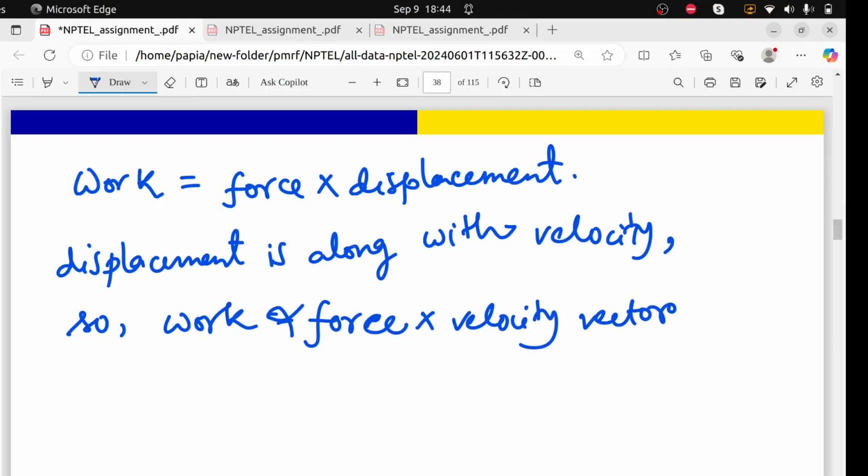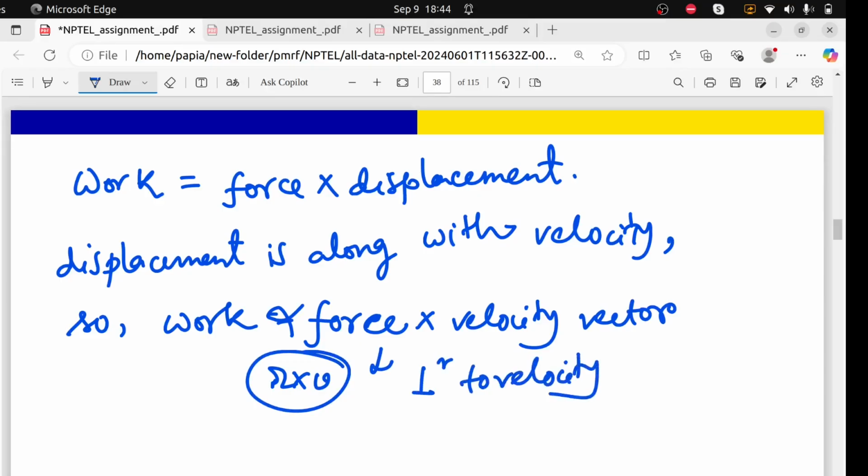So if I do that, then obviously you can see our omega cross v, and our force is perpendicular to the velocity vector. So this will give me a 0 answer.